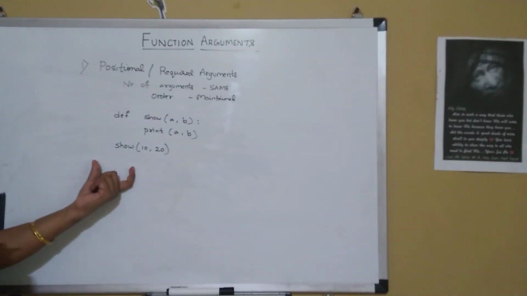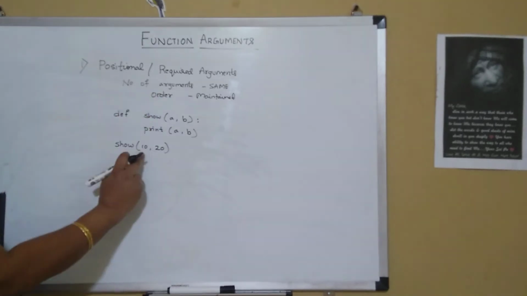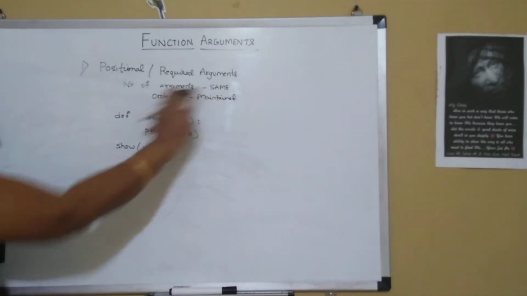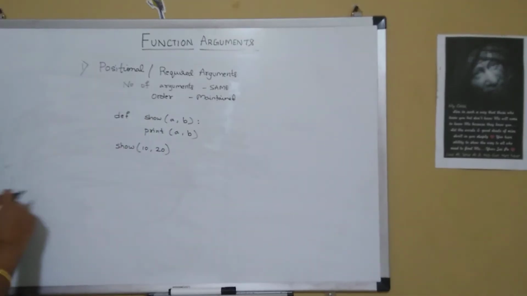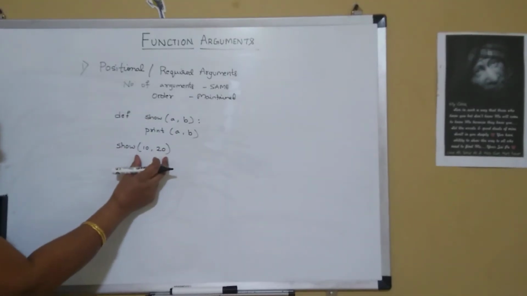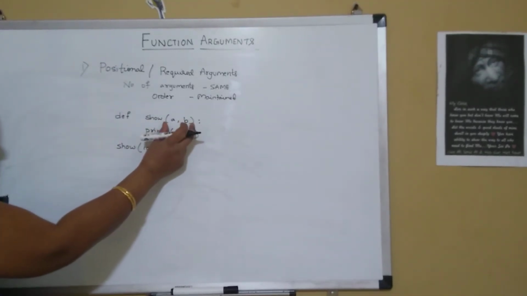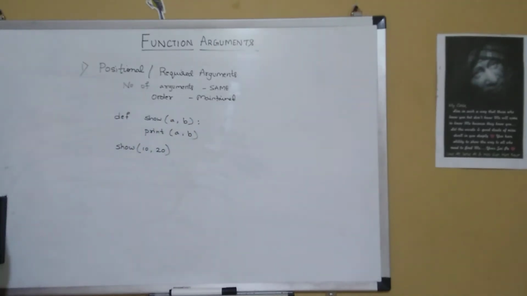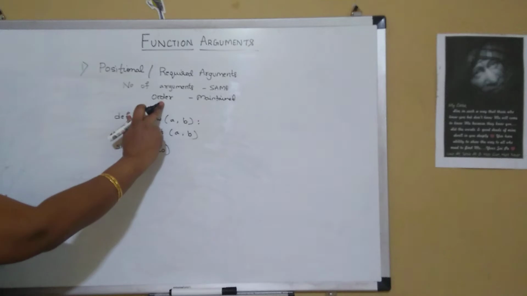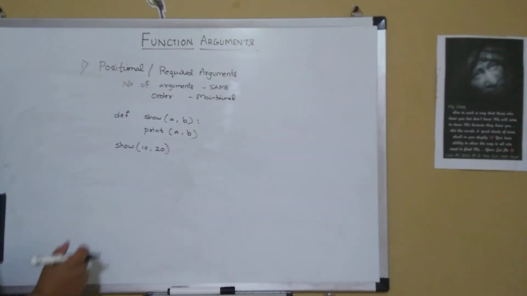One thing which we have to notice here is the number of arguments. Number of arguments should be same in function call and function definition. Function call is passing 2 arguments. Function definition is accepting 2 arguments. So the number of arguments is same. And one more thing is the order has to be maintained.